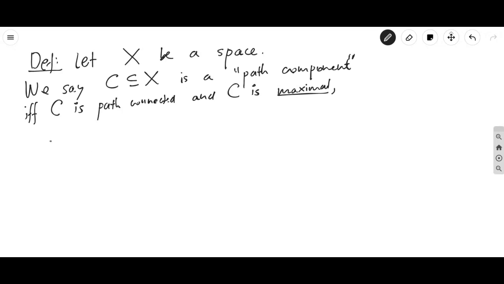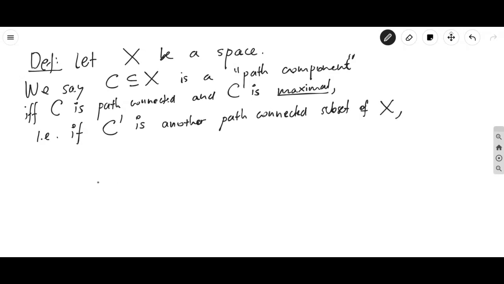So C is maximal would mean, i.e., if C prime is another path connected subset of X, and it contains C, then C prime has to be C. In other words, there's nothing larger than C. So C is a maximal path component.